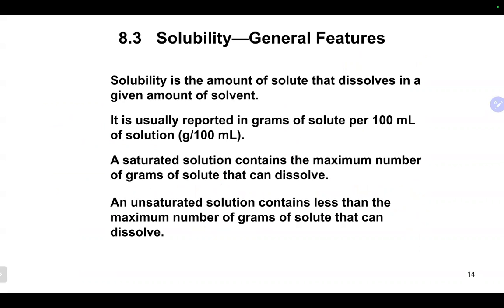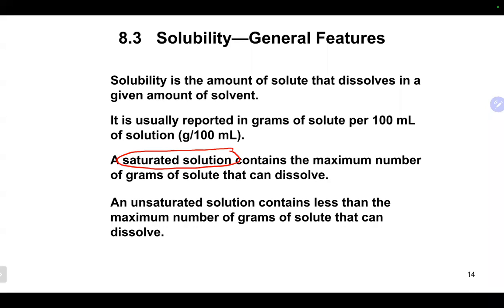Now, a saturated solution basically contains the maximum number of grams of solute that you can get to dissolve in a solvent at a particular temperature. So if your solution is saturated, you have hit the point where the maximum amount of that solid will dissolve. If you continue to put solid in there at that point, it will not dissolve. It'll just pile up at the bottom.